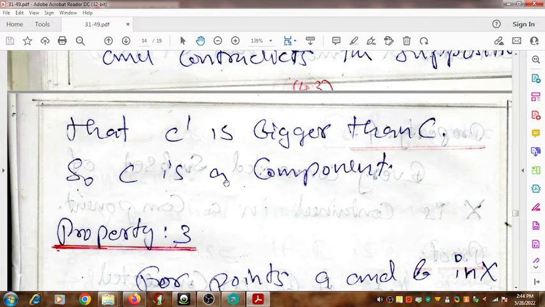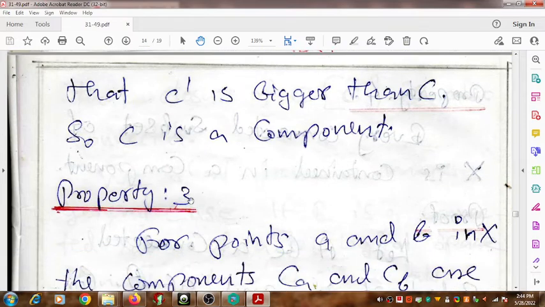This implies that C has the biggest size which contains A, and also it is connected, and thus C is a component. The third property.